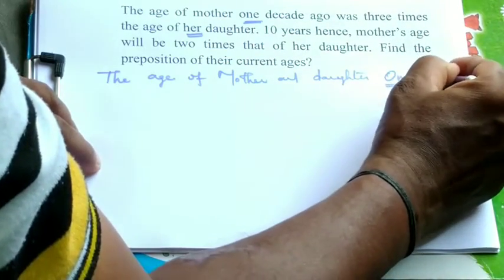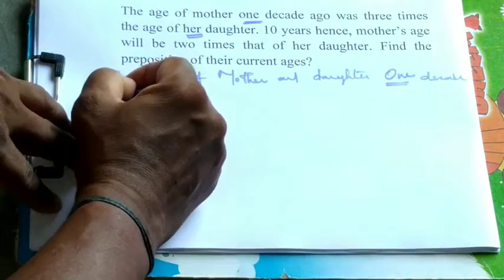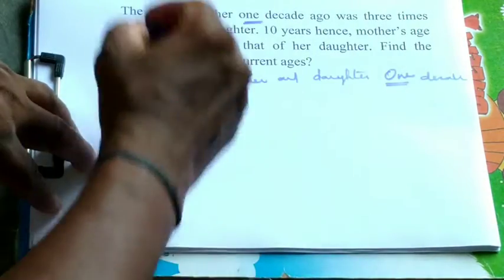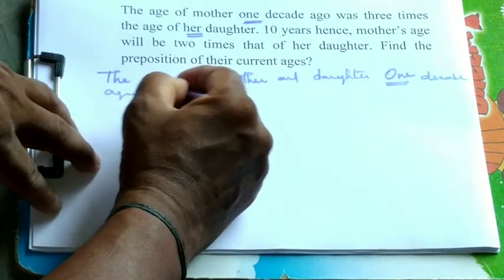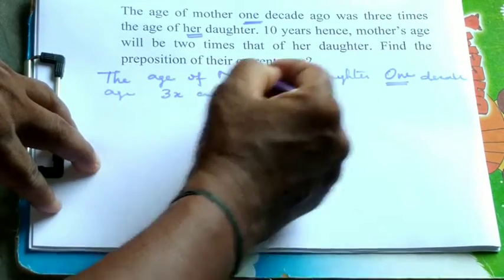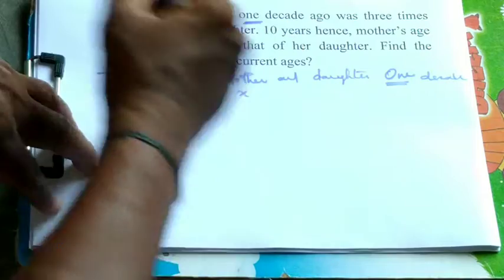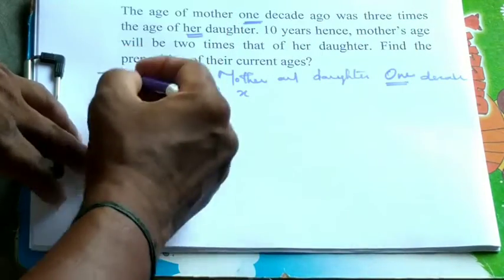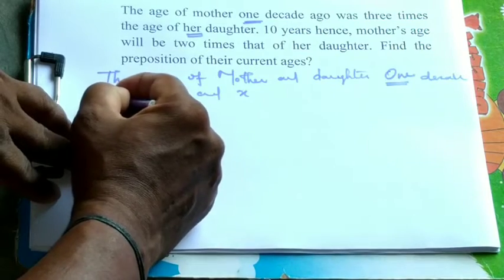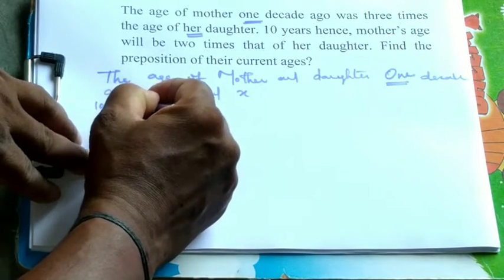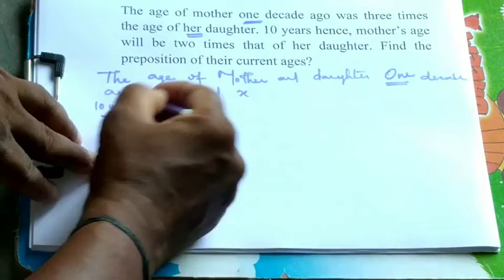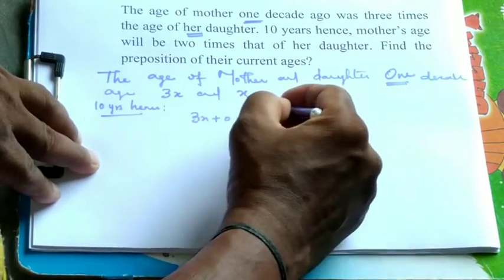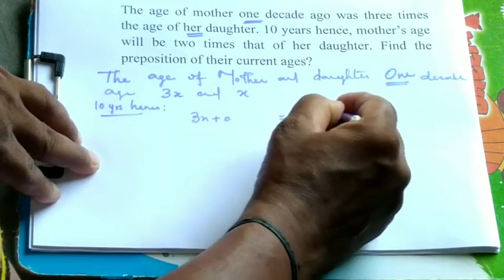We can assume the mother's age is 3 times, and the daughter's is x. They have given 10 years ends, so that's the reason we are adding on both sides: 3x plus 10, then x plus 10.